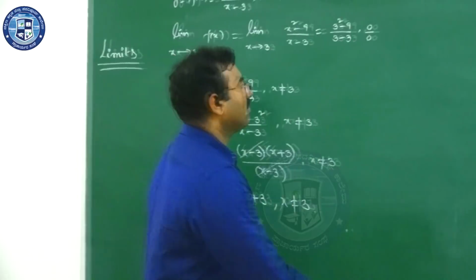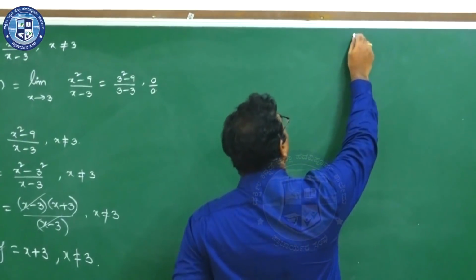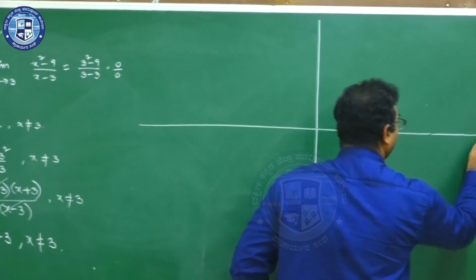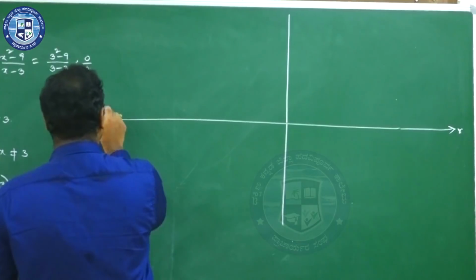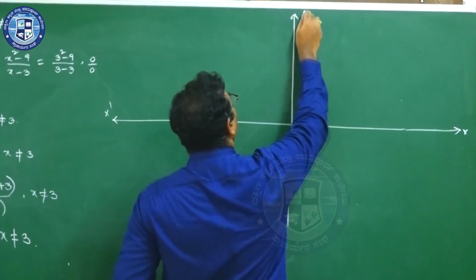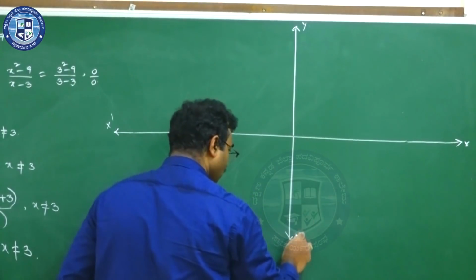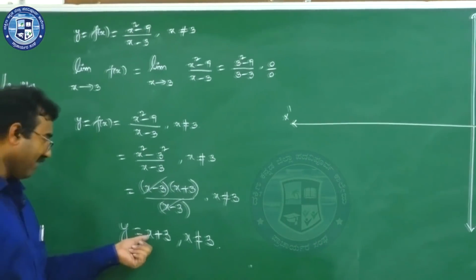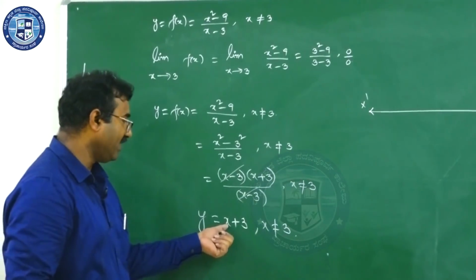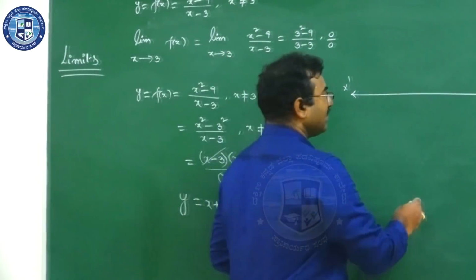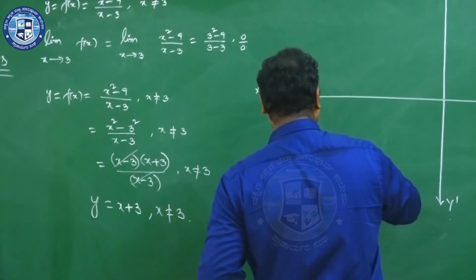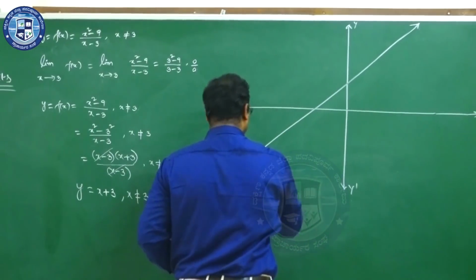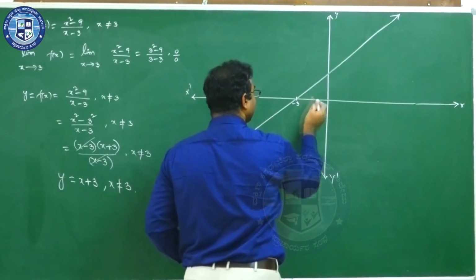So we draw this. y is equal to x plus 3 is a straight line. You all know that when x is minus 3, you will get 0, right? So you will get a straight line like this. I am directly drawing like this. At minus 3, you will get 0.